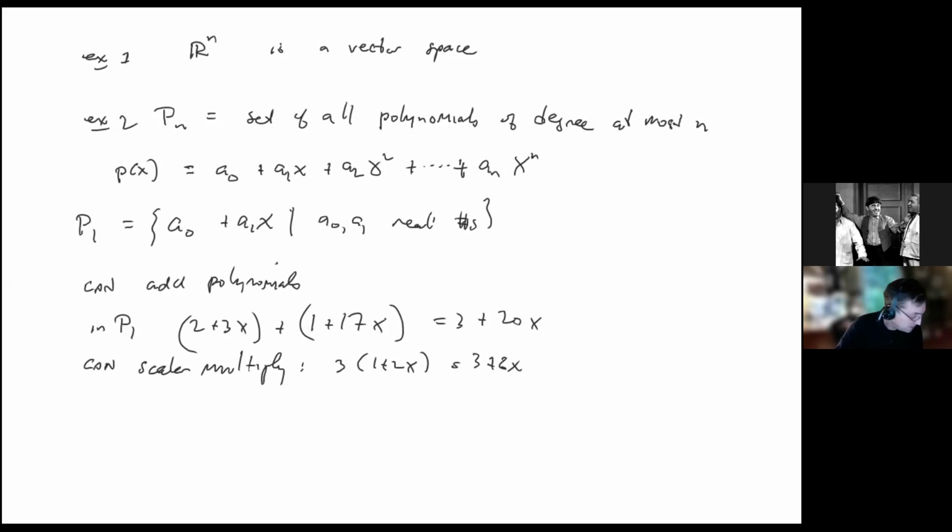Okay, let's look at the next example. To do that, I'm going to need to clear the screen. Okay, so let's consider the following vector space. It's called R infinity. And this is the set of infinite sequences x1, x2, x3 of real numbers.